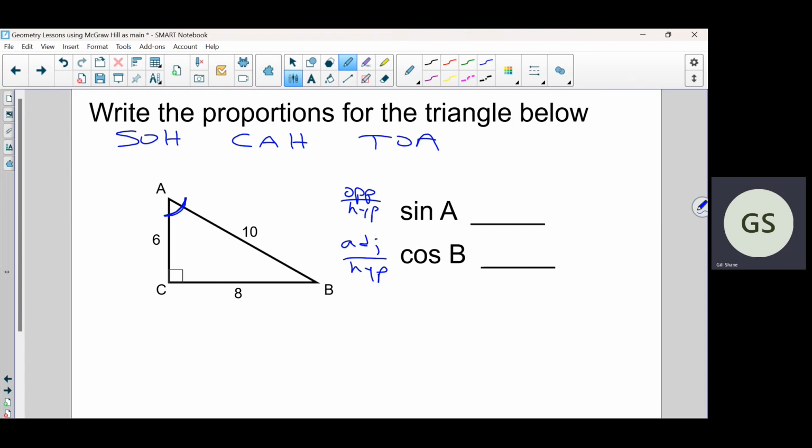Oh, and again, it took me 3 years to realize, actually only 2 because I only taught this one, that we're looking for the side. A lot of kids were thinking C and B were both opposite. It's not C or B that we're looking for. We're looking for the opposite side.